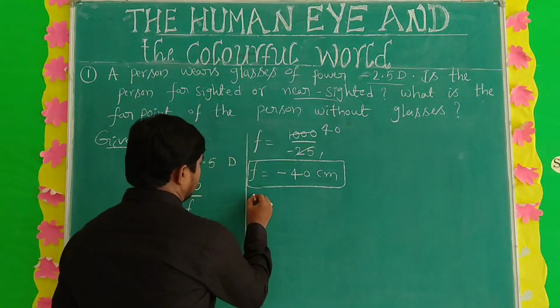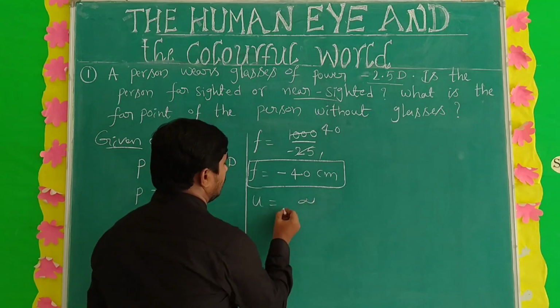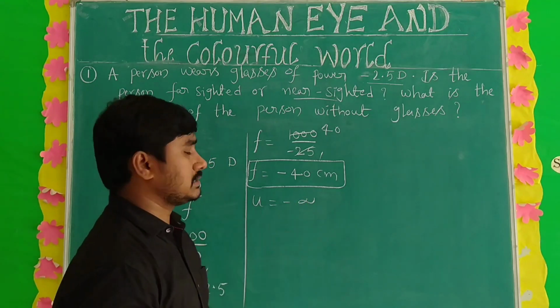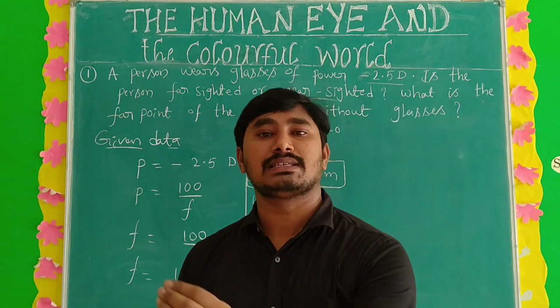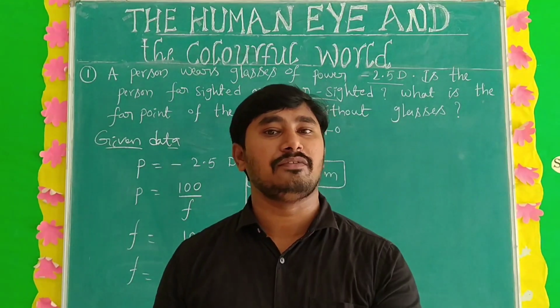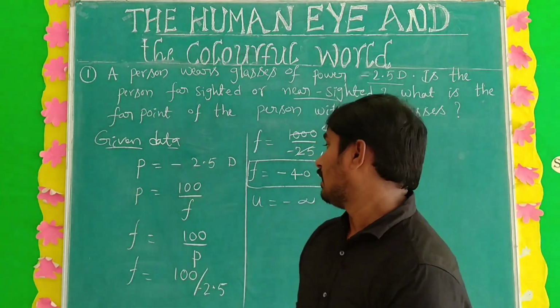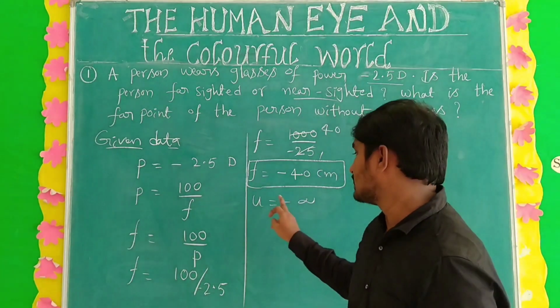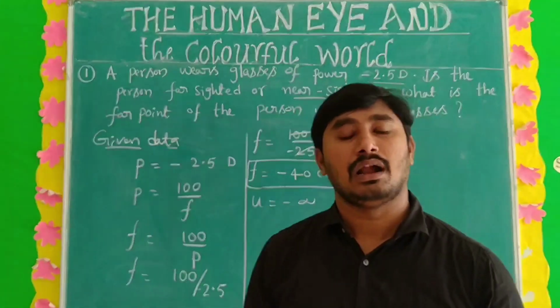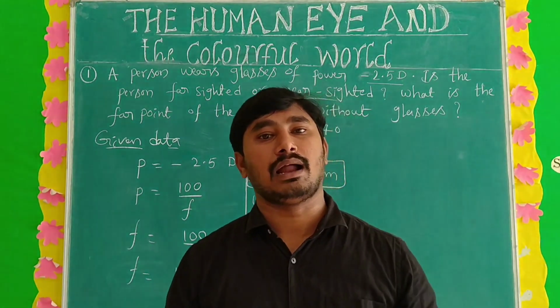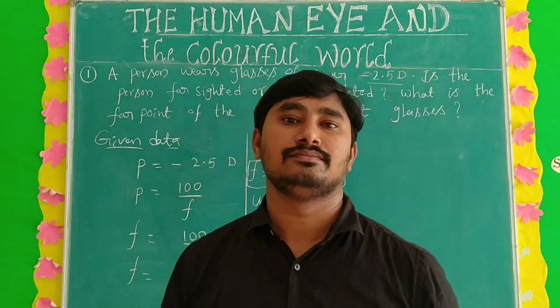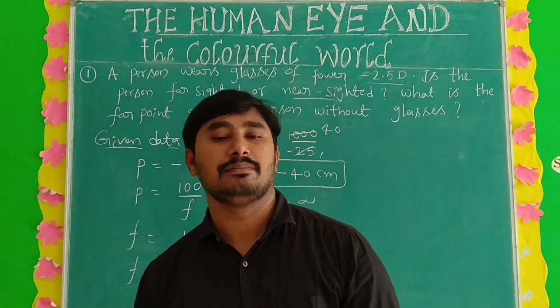And in myopia, object distance is always greater than image distance. That is very important. Also the U value, image distance and power of lens are always negative.